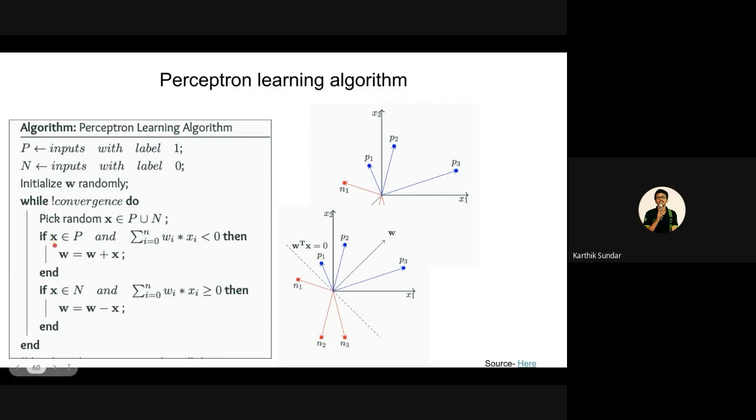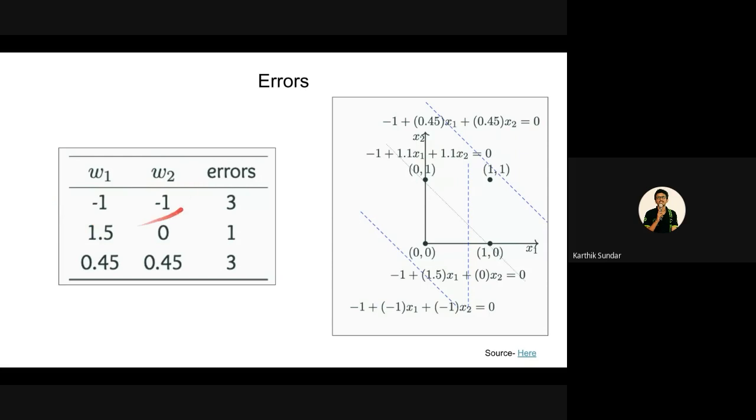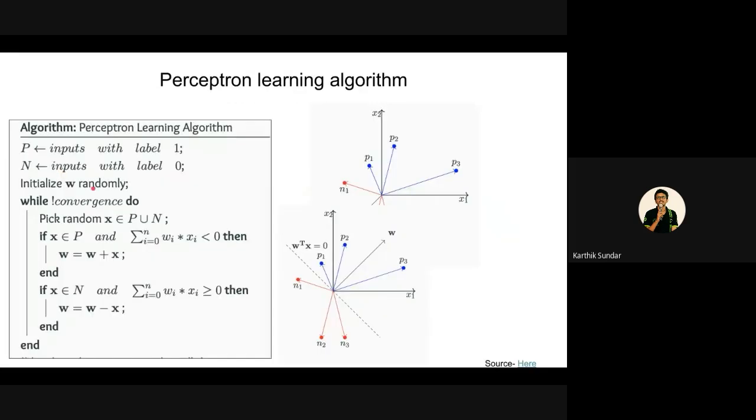So what it does is, it takes a point. Like we have an initial guess for this W1 and W2, and we do a loop, a while loop.